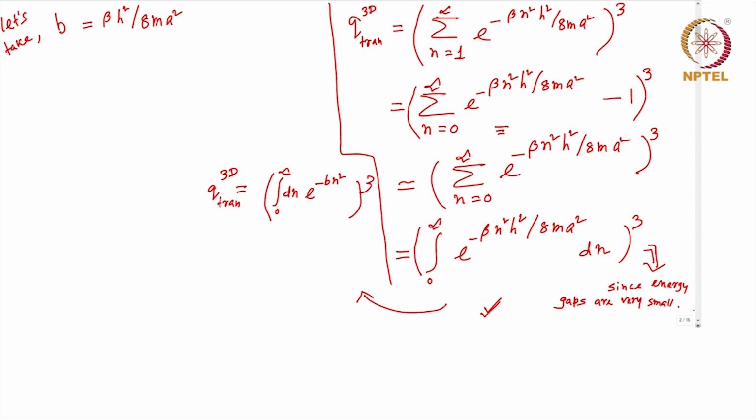So from here basically we are writing this. Okay, now let's see how we can simplify it further. So we have b is equal to beta h squared by 8 m square.